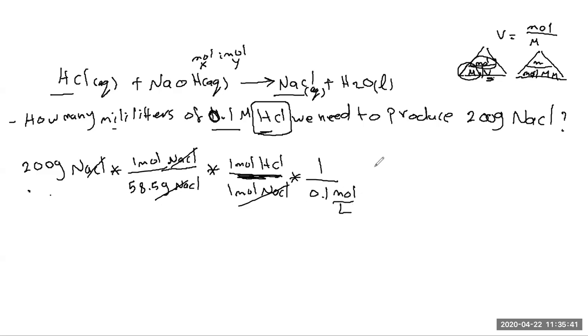Do the math right now. So we have 200 divided by 58.5. Now divided by 0.1, and we will have 34.2. So here it will be 34.2 milliliter HCl.